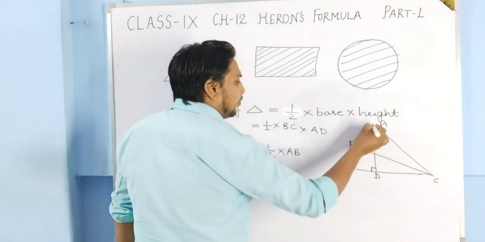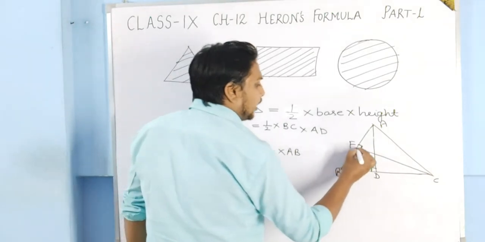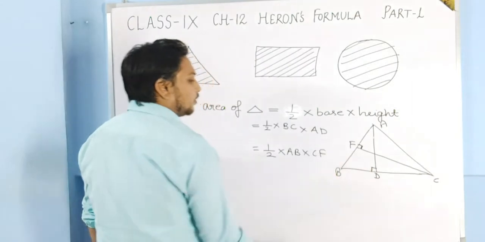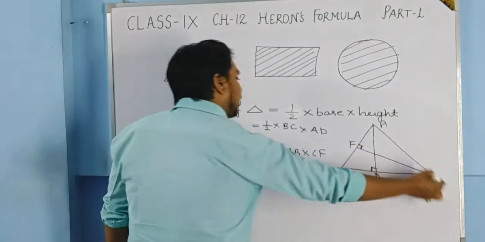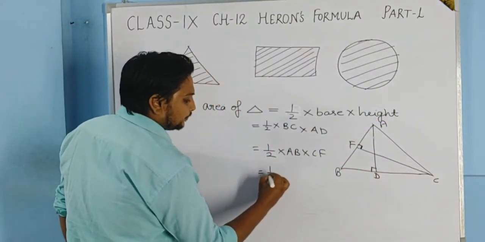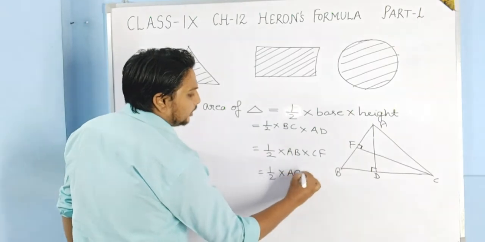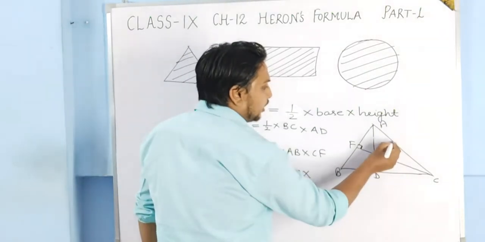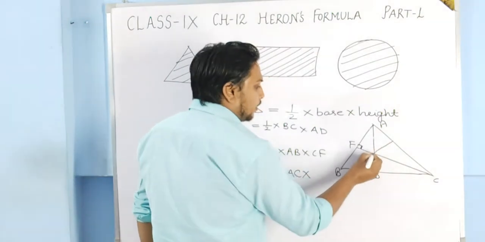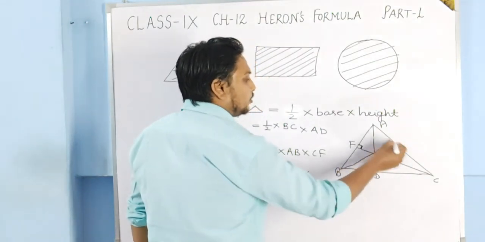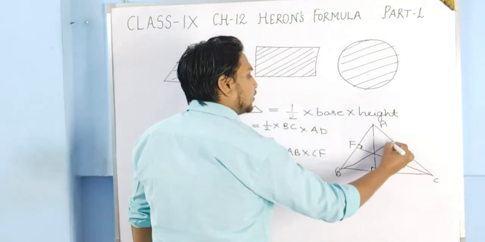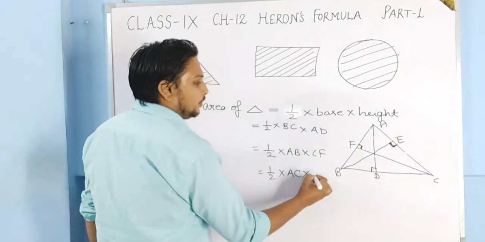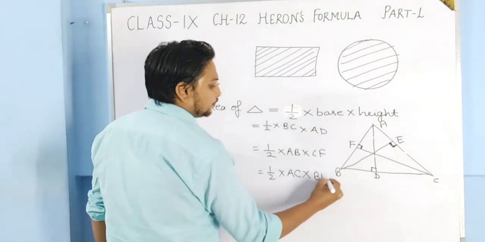If you have taken the base AB, you should take the height corresponding to that, that is CF. If you have taken the base AC, then in this case you have to take the height corresponding to this AC. Suppose it is E, so it will be BE.